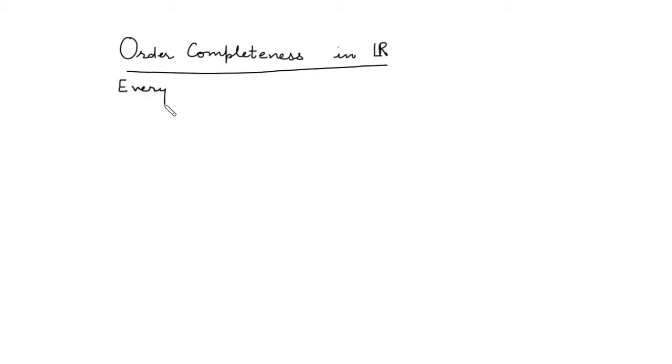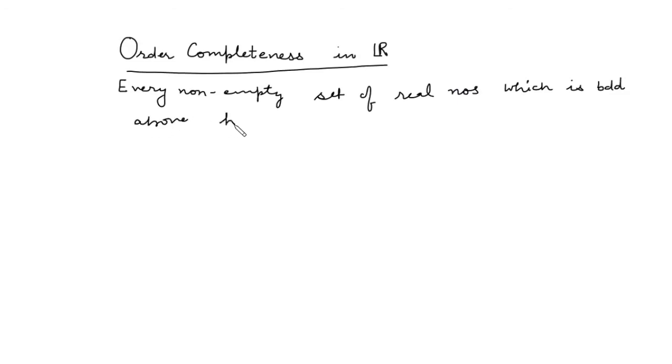Every non-empty set of real numbers which is bounded above always has a supremum, or you can say least upper bound, in R. So this is the meaning of order completeness in R.